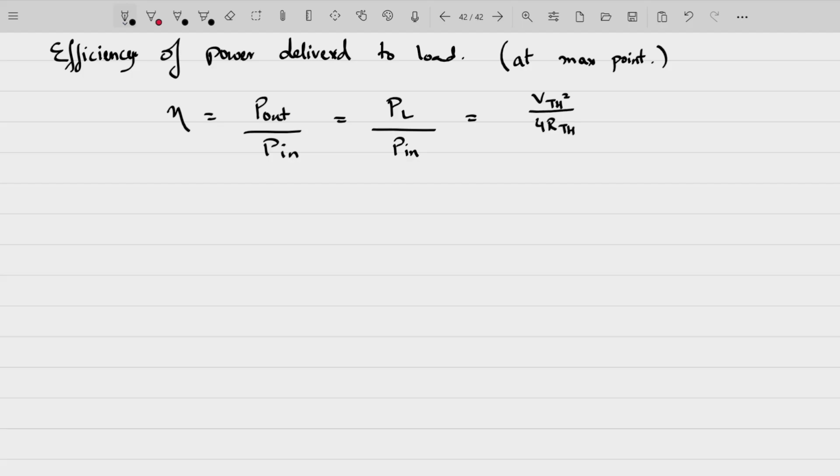Fine. You can also express this in percentage by multiplying by 100%. And what is the input power? Input power is simply VTH into the current I that will be flowing in the system. That is the input power being supplied by the voltage source.